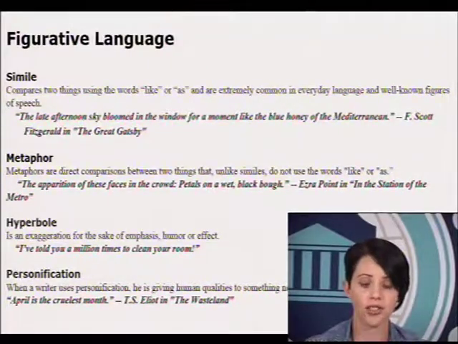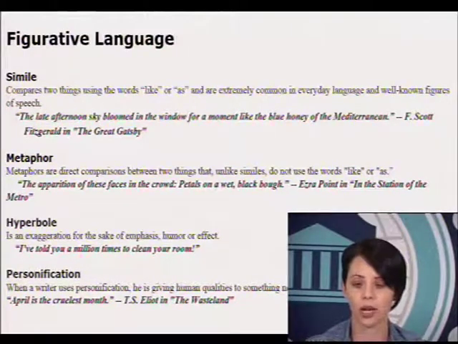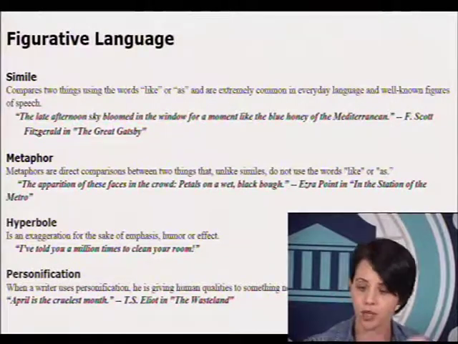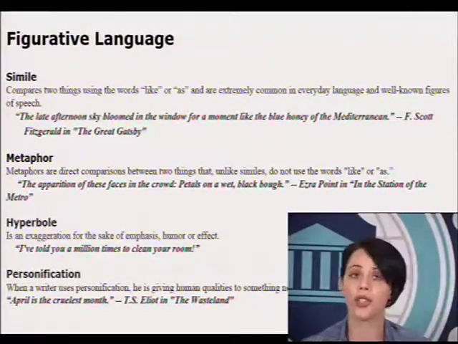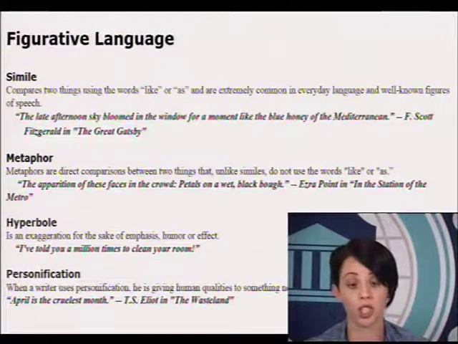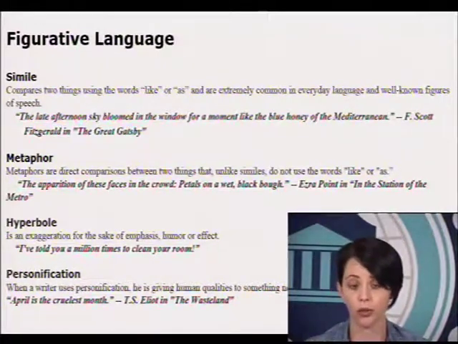The late afternoon sky bloomed in the window for a moment like the blue honey of the Mediterranean. So they compare the afternoon to the blue honey, and for you to spot a simile very quickly, you just look for the words like or as.